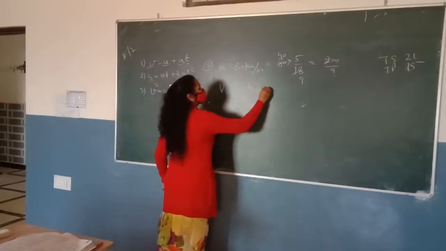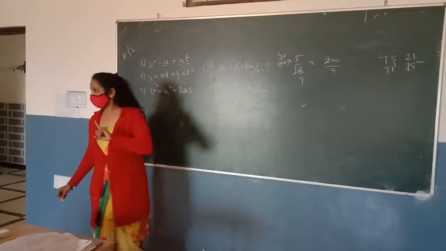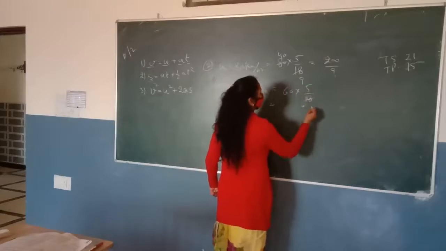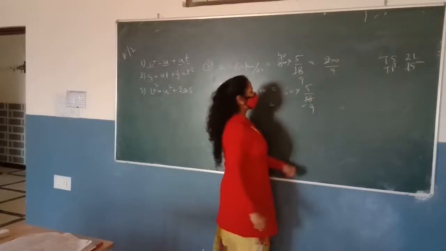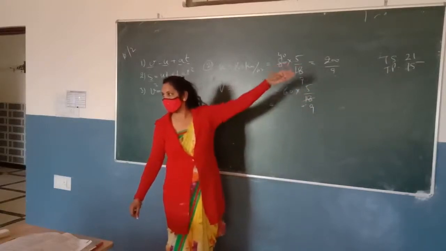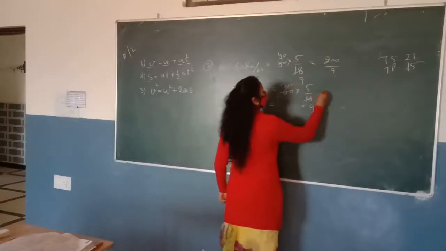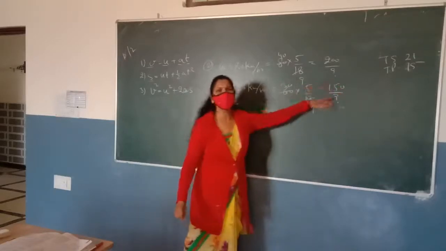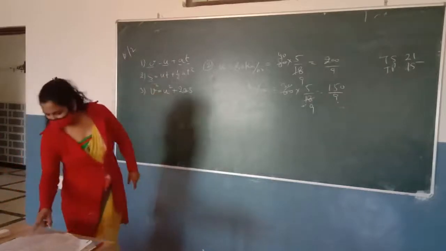Again we have to convert it into meter per second, so multiply by 5 upon 18. Again it can be divided by 6, but I am not going to cut it, because when you add or subtract, it will be easy to have the same denominator. So it is 150 upon 9. Yes, we can cut it by 3, but I did not do it because we would have to take it back later. Now the time is 5 seconds.